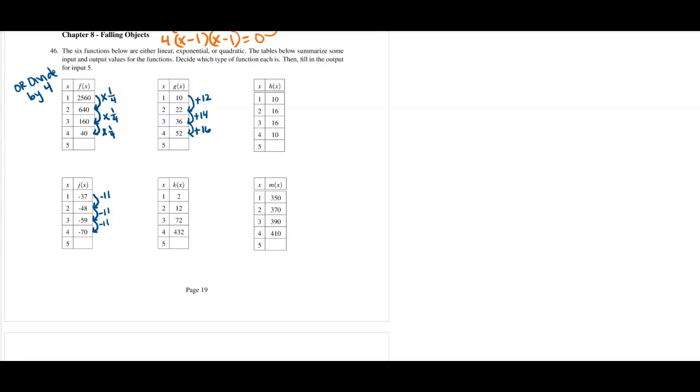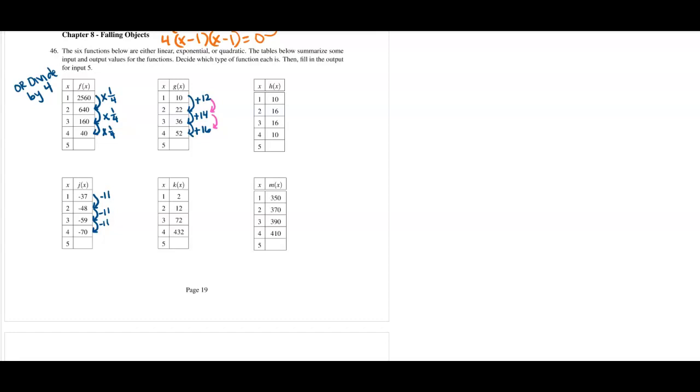So it's not exponential. Let's look at what's happening here. These aren't the same numbers that it's increasing by each time. But if I do my second difference, and if this one's constant, then that's going to tell us it's a certain type.